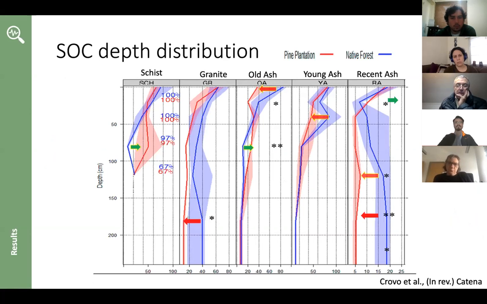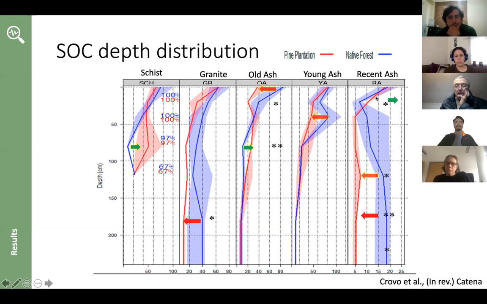The granite and the recent ash are the ones that show the greater difference. In the granite, plantations are almost always lower in carbon than the native forests, but only significantly at the deeper layers. Similar is the case with the recent ash.